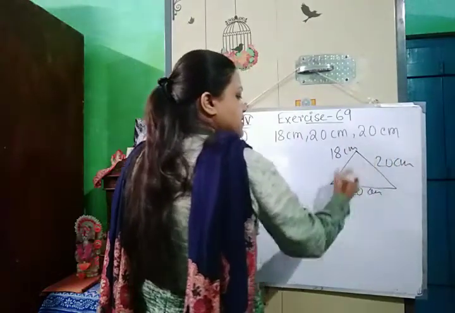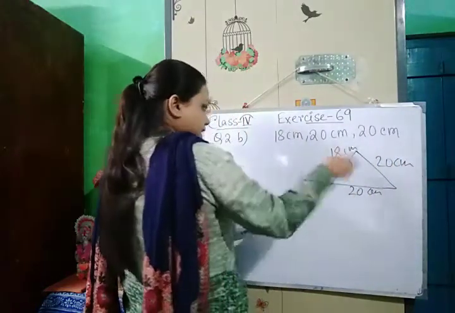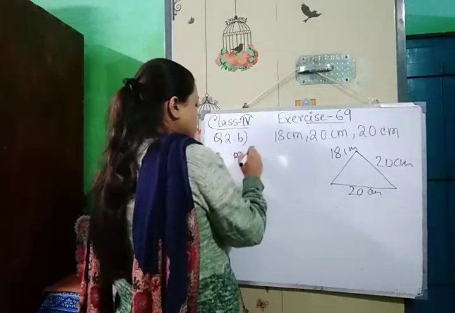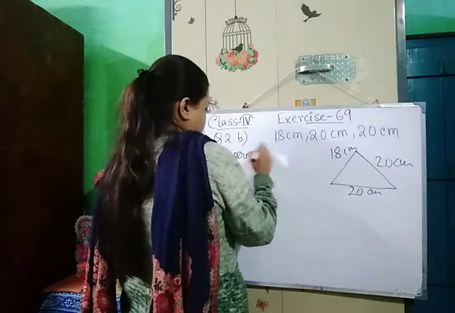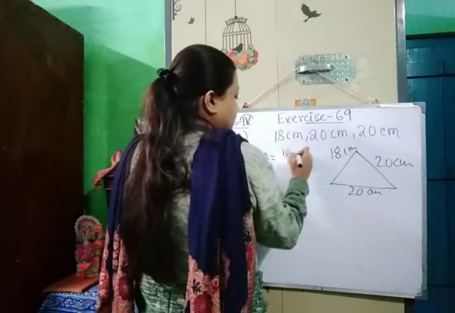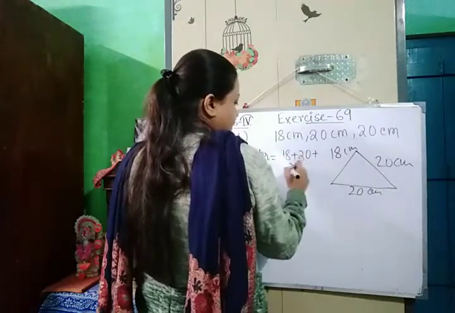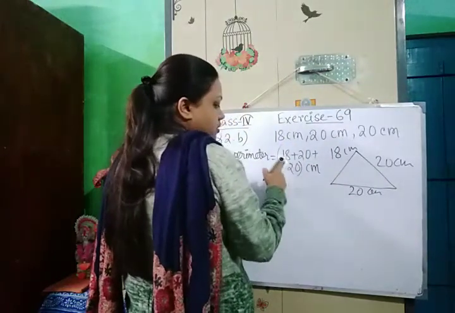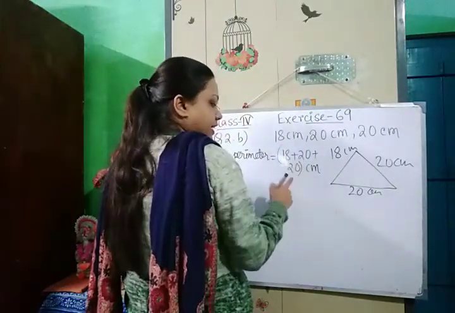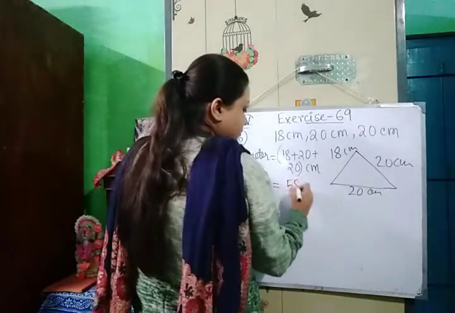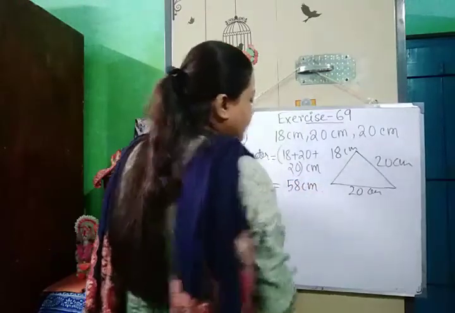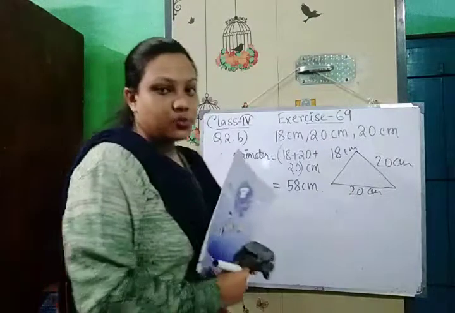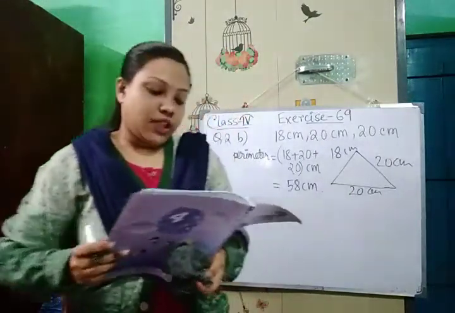So what will be its perimeter? Just the sum of the sides. Perimeter equals 18 plus 20 plus 20, and the unit is centimeter. So 18 plus 20 is 38, plus 20 is 58. 58 centimeter is the required perimeter of the triangle. I hope you understood.